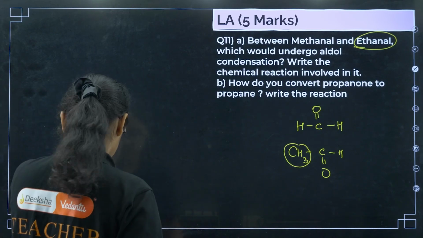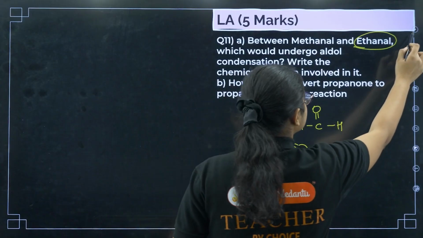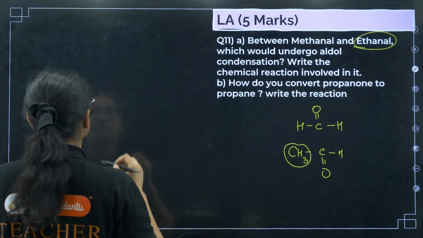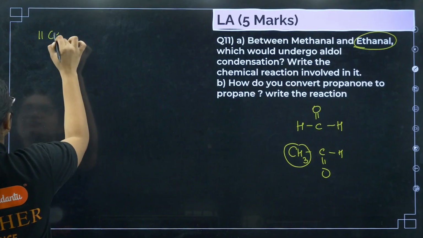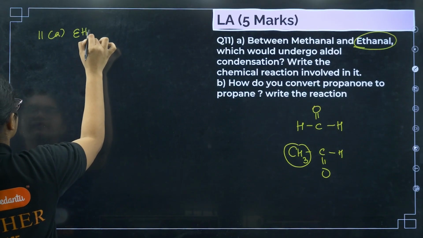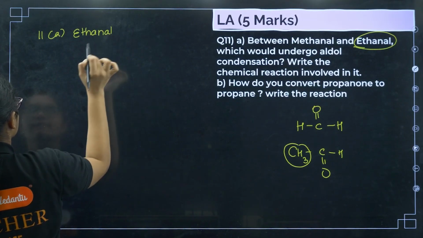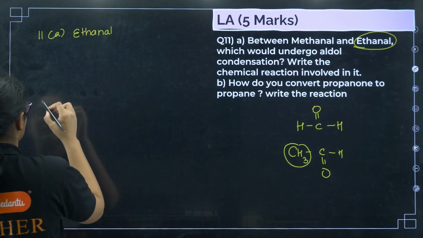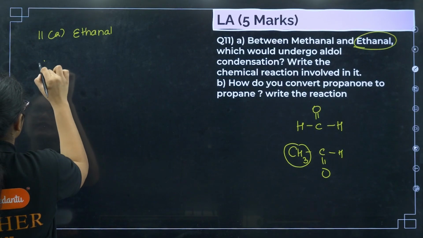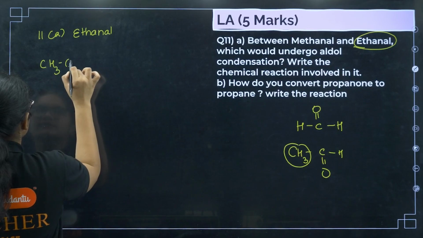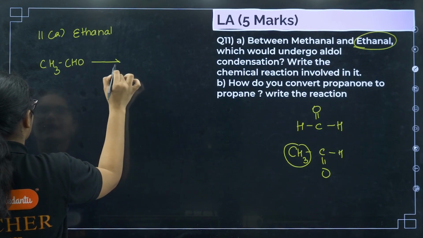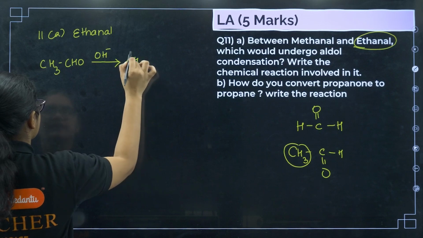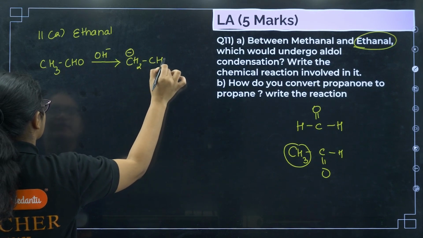Next, write the chemical reaction involved in it. So first of all, for 11A, which one will undergo it? First I will write ethanol. Next, the product of aldol condensation: CH3CHO reacts in the presence of OH minus to give CH2 minus CHO.